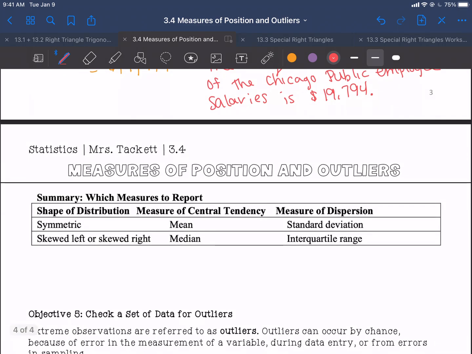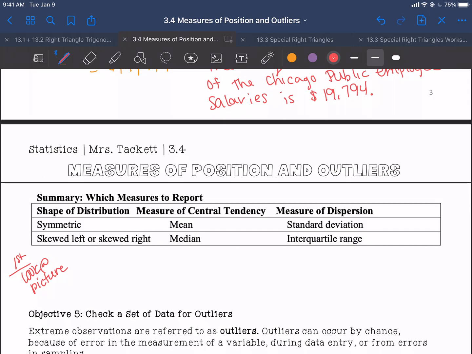Okay, so here's just a summary of when we should report what measures. The first thing you need to do is look at a picture, a diagram, a chart, a graph, so that you can see, is it symmetric or is it skewed left or right?